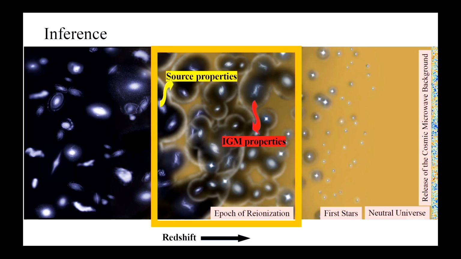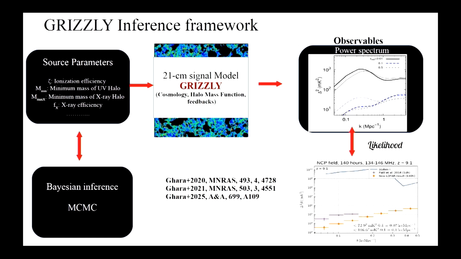In addition to this, I also try to focus on the IGM properties. If I am not that interested in the source properties, I just ask this question: how big are these ionized regions? I am just avoiding the question of the emissivity, and I am interested in the size of these ionized regions. So these are related to the intergalactic medium properties.